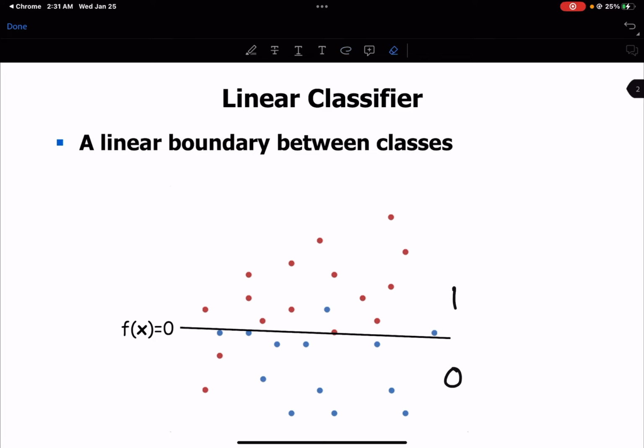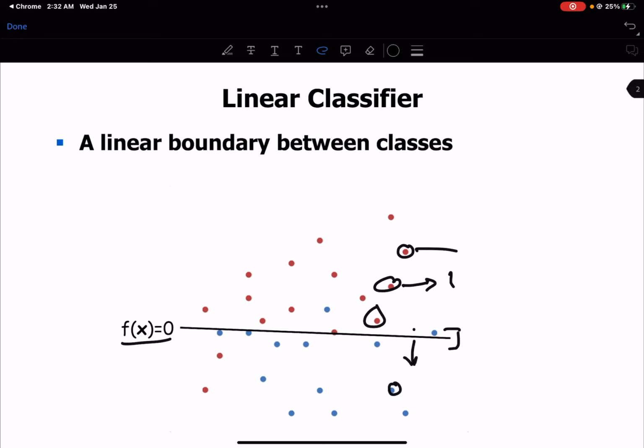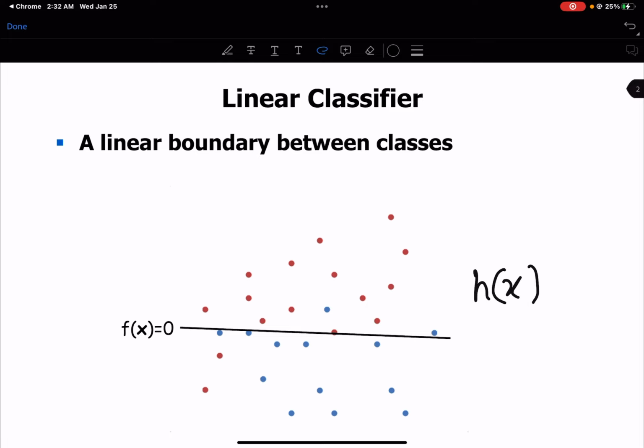This is known as a hard boundary, where the actual value of all these points should be 1 when they are above this function value, and if they are below it, then we say the blue dots are 0. So we need to define a classifier which decides how we are going to classify our data.